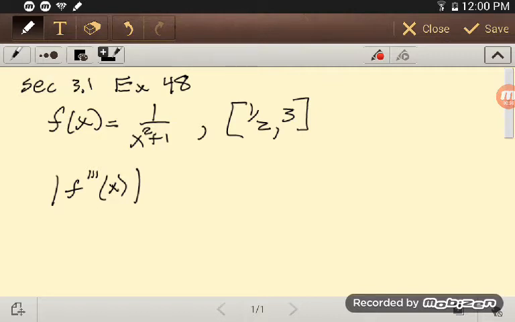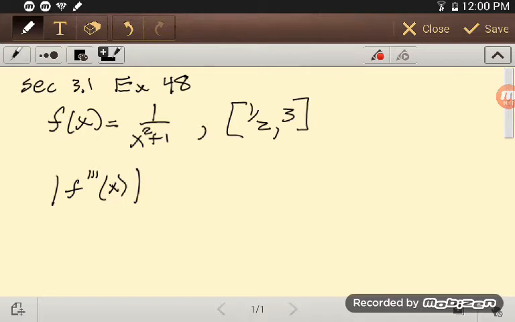If I start, this is a quotient rule kind of thing, or I could write it as x squared plus 1 to the negative 1 and do a chain rule, but it looks like it's going to get ugly in taking that derivative.